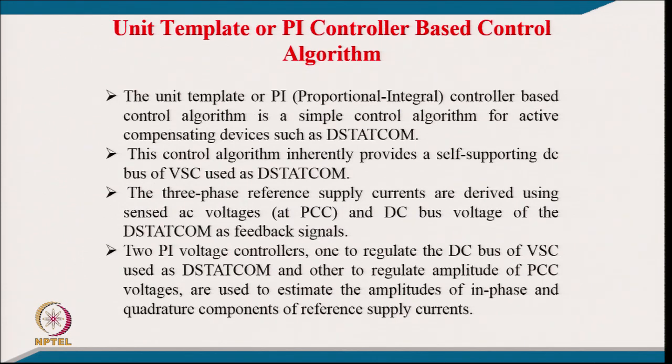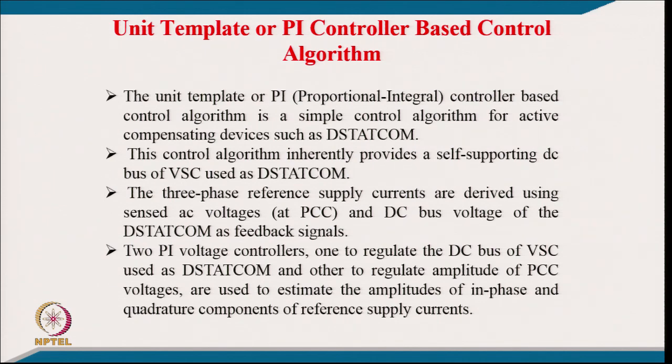The unit template or PI controller based control algorithm is a simple control algorithm for active compensating devices such as D-STATCOM, and it inherently provides a self supporting DC bus of the voltage source converter used as a D-STATCOM. The 3-phase reference supply currents are derived using sensed AC voltages at the PCC and the DC voltage of the D-STATCOM as feedback signals.